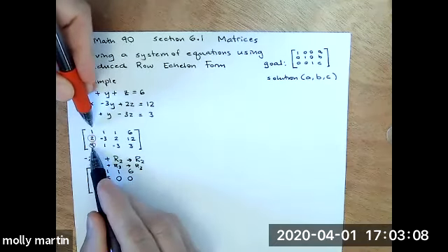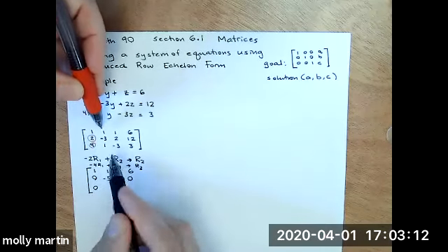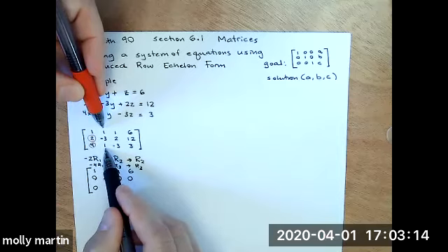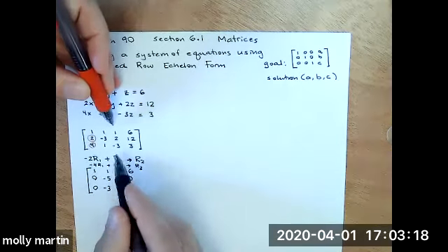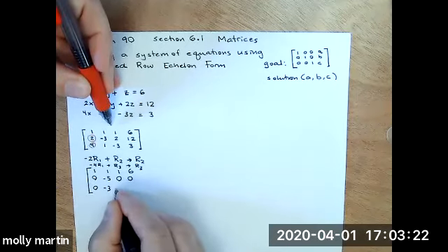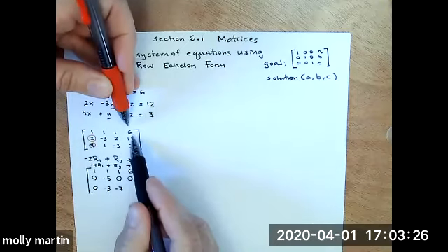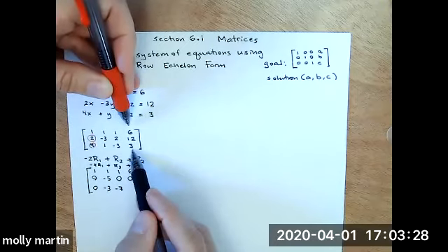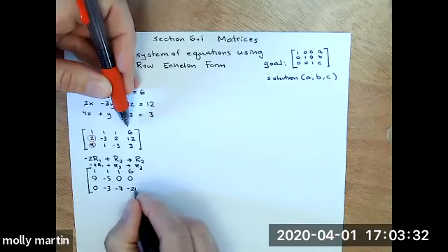So -4 plus 4 is 0. -4 plus 1 is -3. -4 plus -3 is -7. -24 plus 3 is -21.